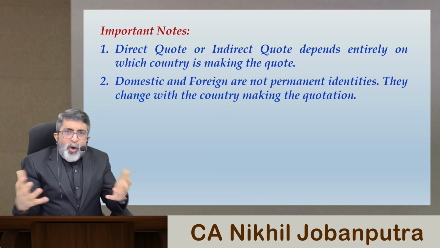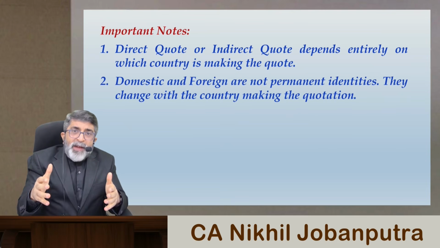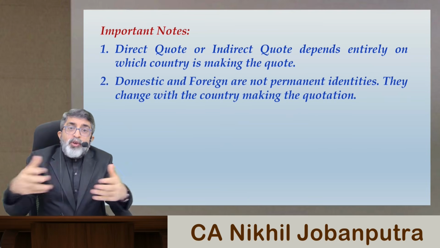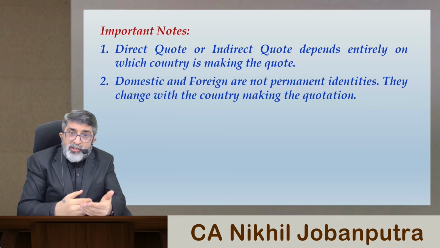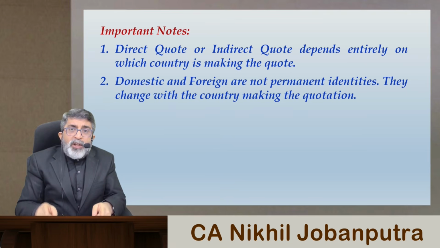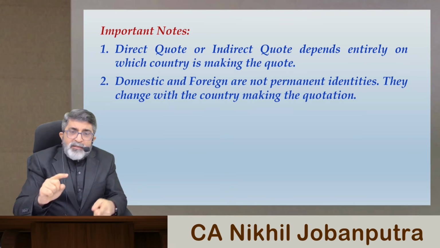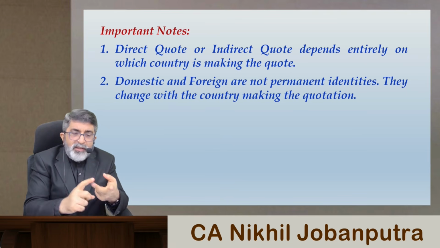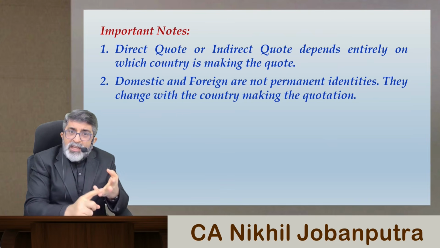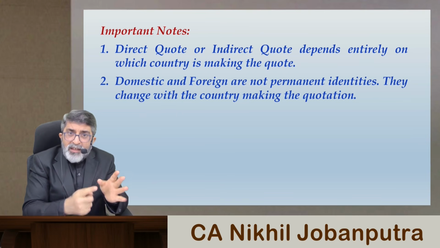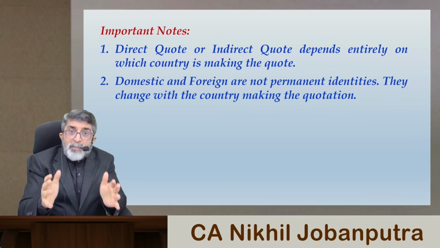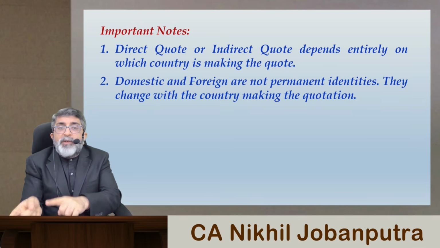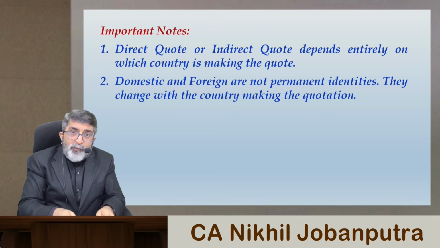So if you observe one thing, you will not find the Indian rupee quoted everywhere. For example, in India you go to any exchange dealer, they will give you a list of all the foreign currencies, and currencies like USD, GBP, EUR, SGD, AUD, ZAR, all these will be quoted in terms of Indian rupee. So all these are foreign currencies.